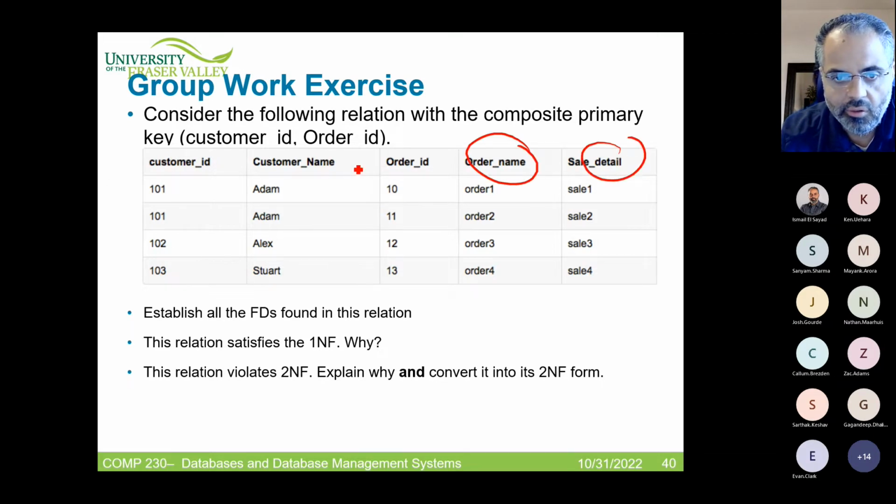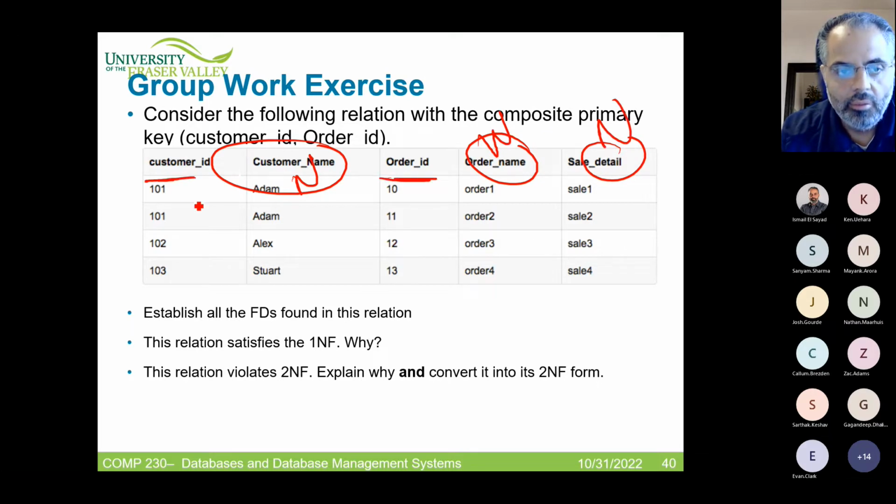This is non-primary, this is non-primary, this is non-primary. And this is primary, and this is primary. The non-primary attributes should be fully functionally dependent on the primary key. So they cannot depend on a part of the primary key. They should depend on the whole primary key.